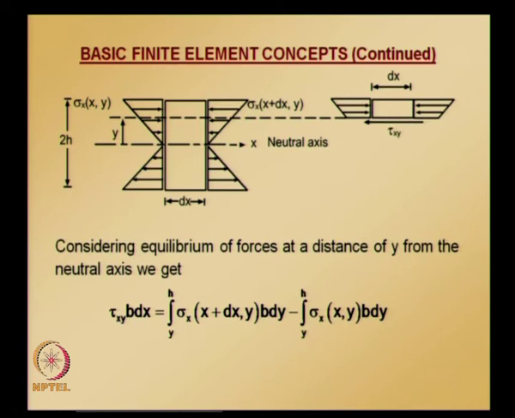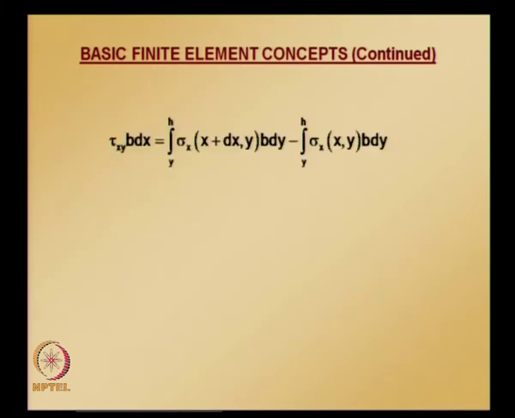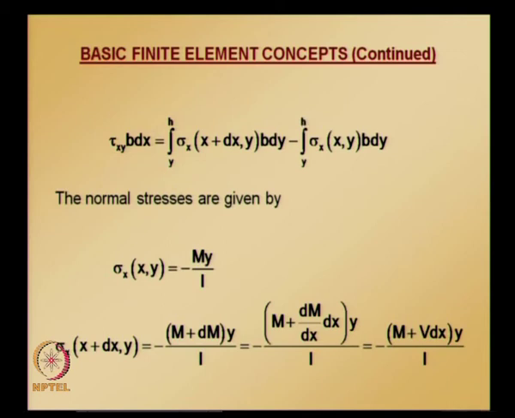So, substituting sigma x evaluated at x and sigma x evaluated at x plus dx, the relationship between moment and shear is also used. We know that the derivative of bending moment gives the shear force, so dM by dx is substituted as capital V. So now we have sigma x evaluated at x and at x plus dx.